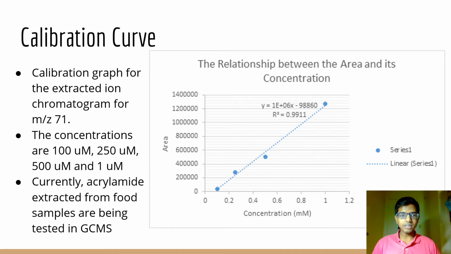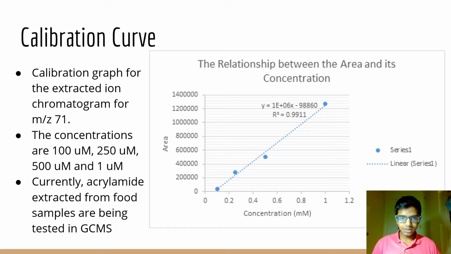So using various gas chromatography mass spectrometry graphs as seen before, we were able to find the entire area of the peaks to correlate with the concentration of acrylamide. By using known concentrations of acrylamide versus the area under the peak, we were able to create a calibration curve.